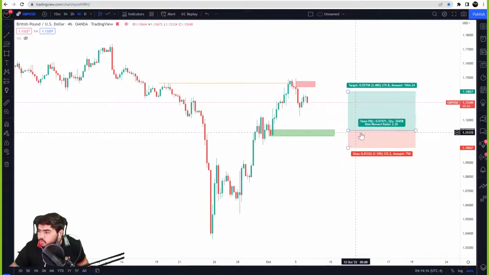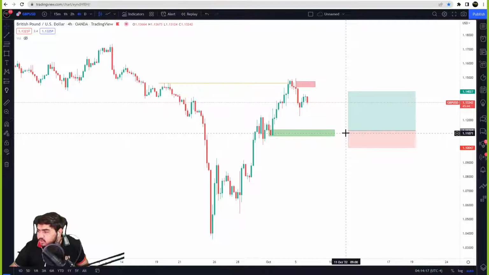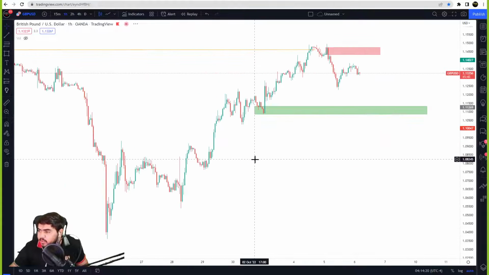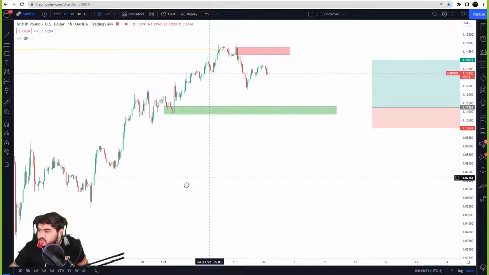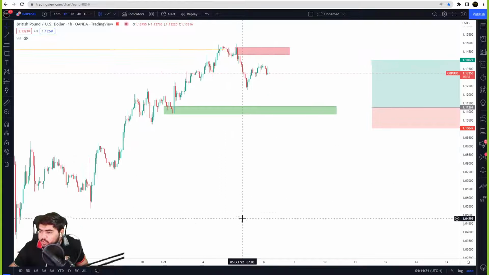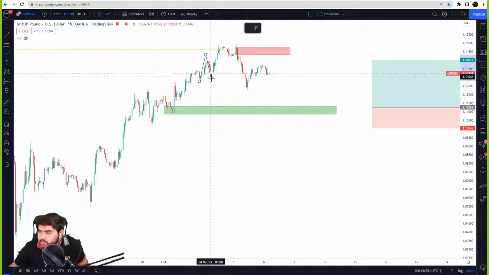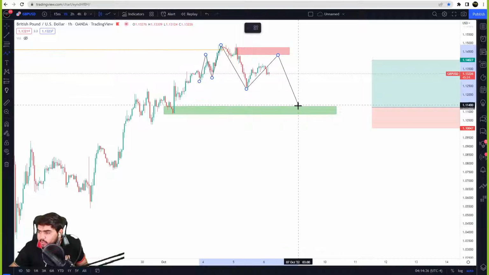Great. So let's look for buys around this area, and for the intraday, let's look for a shorting or selling opportunity around this area, because what we can see here is that the market has clearly shifted its structure to the downside. We have made a lower low, so possibly we're going to make a lower high and another lower low to this area.